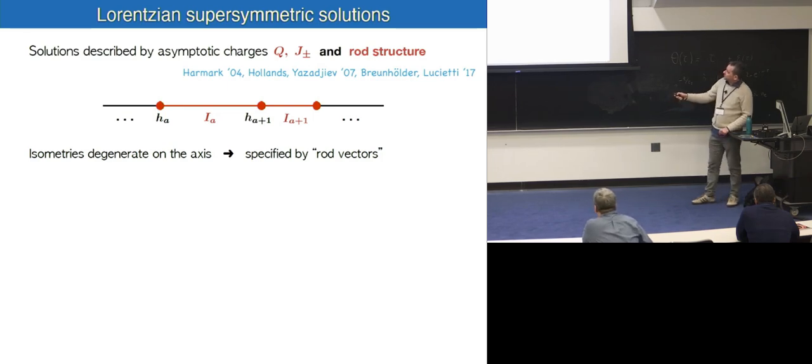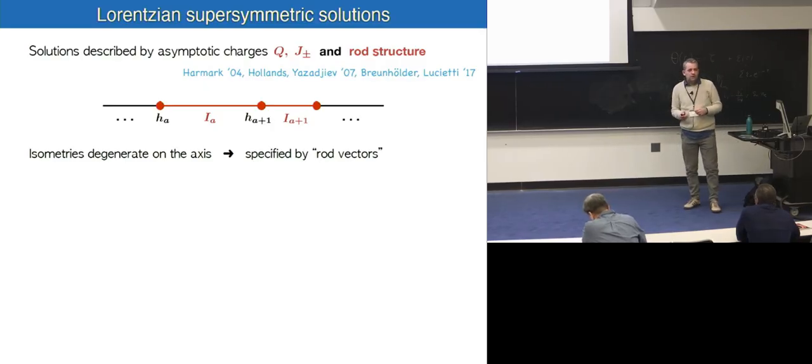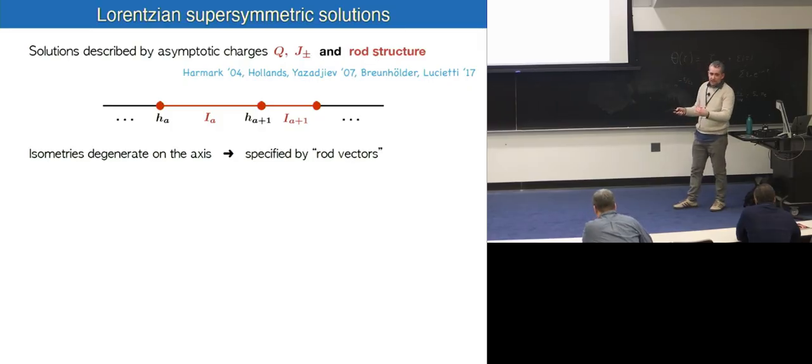A rod structure is this structure based on intervals between the centers of a supersymmetric solution. These intervals will be denoted by this capital I. And so these are the rods. The rods are characterized by which isometry degenerates over this interval.